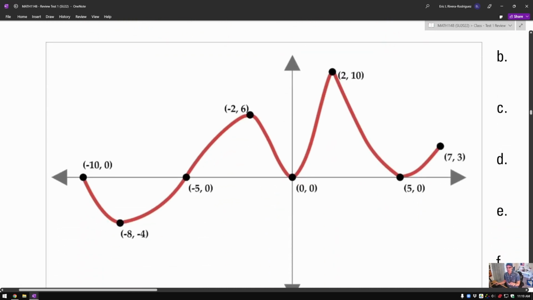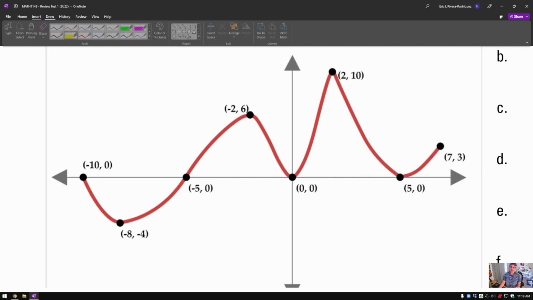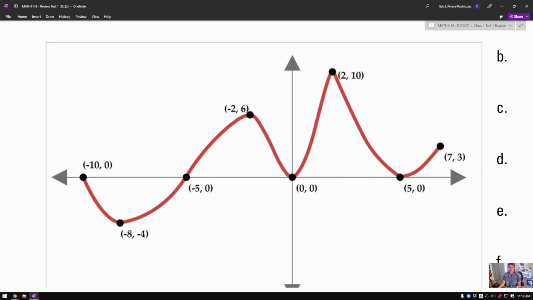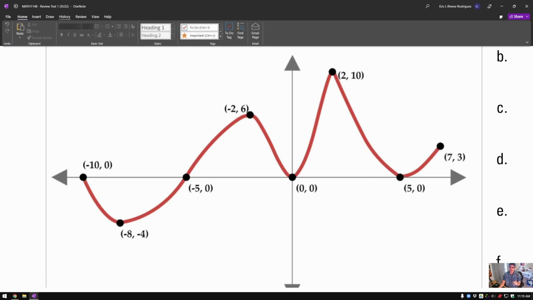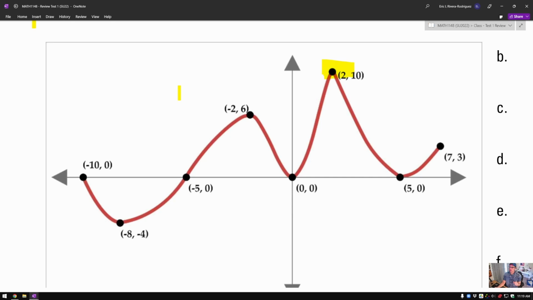But let's go to this graph just in a moment to then identify those absolute values and those local extreme values. Okay, let me help you here. So I just highlighted the absolute maximum.